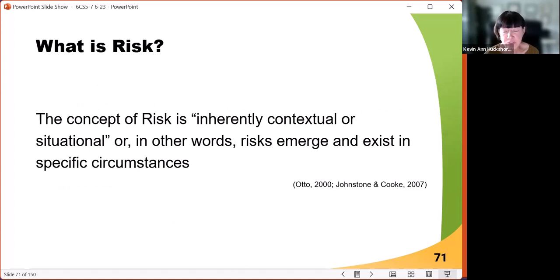So the first concept, which is really important, is to understand that when we start talking about predicting risk or identifying risk factors, the whole concept of risk is contextual. And I guess the best way to explain it is this. If you go downstairs or in your kitchen at home, there's going to be all kinds of stuff there, including knives, scissors, other regular kitchen equipment.